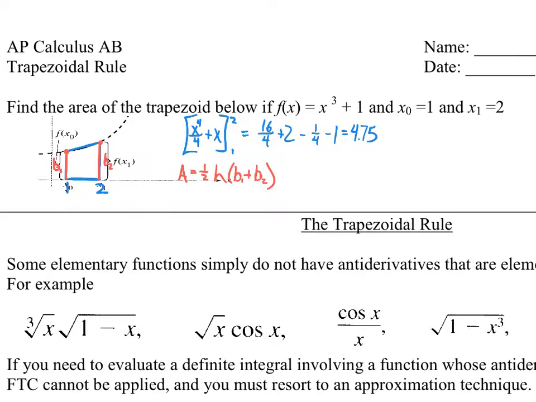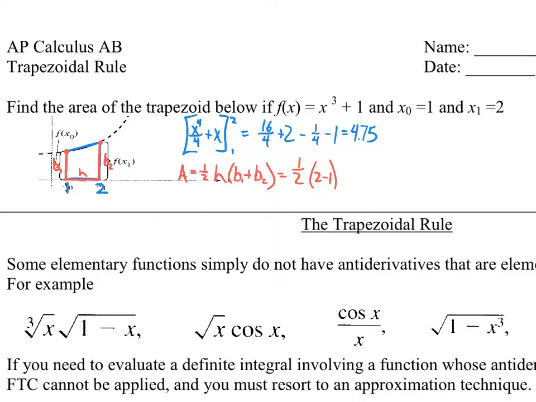Height is always the distance between the bases. And that's the distance between 1 and 2. That's our height. So if I'm finding this area, I'm going to do 1/2 times the height. The height is 2 minus 1, or just 1.